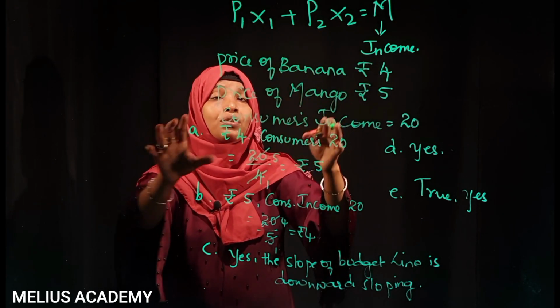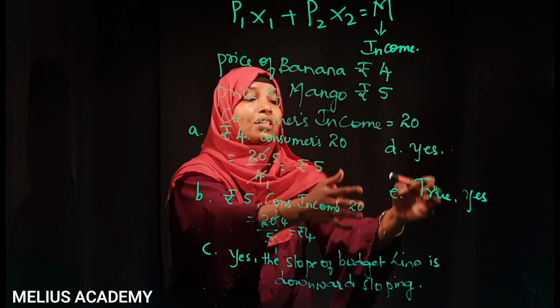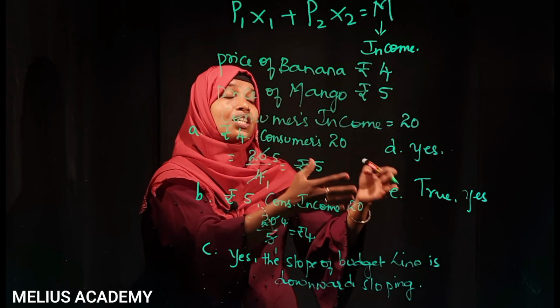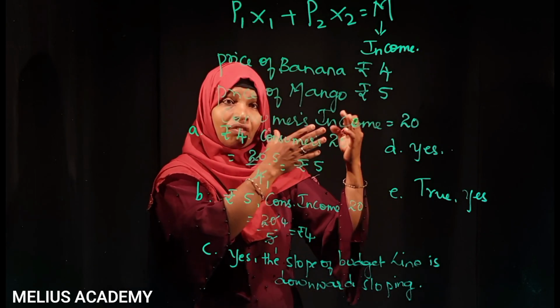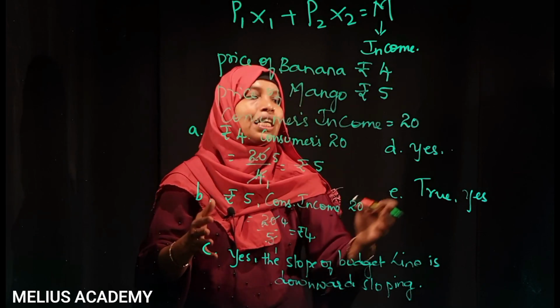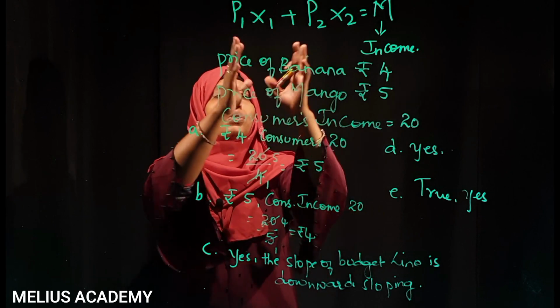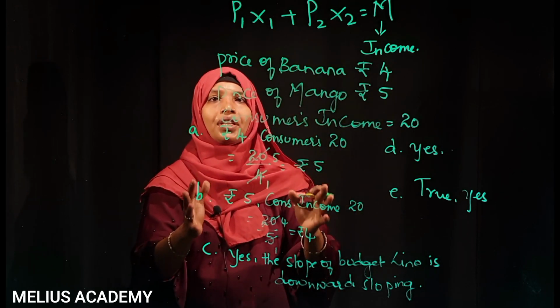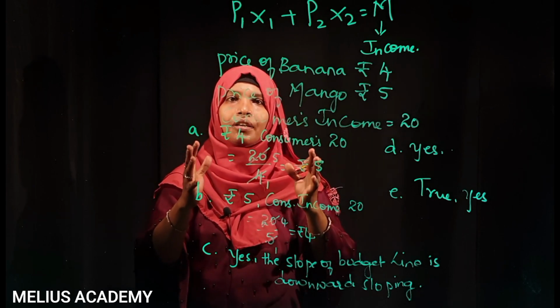Is the bundle equal to the consumer's income: yes. And if you want more of bananas, you have to give up mangoes, or vice versa: write yes, it is true. So this is the first practical oriented question from chapter 2, and it carries 5 marks.